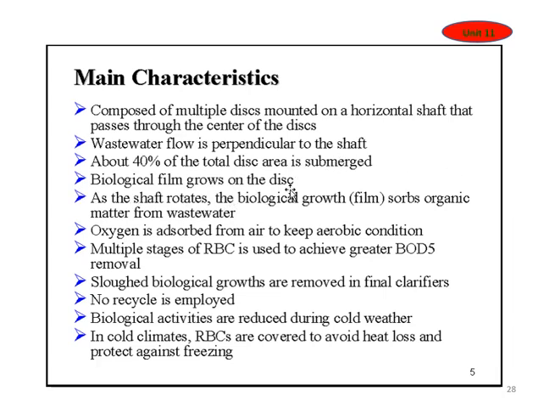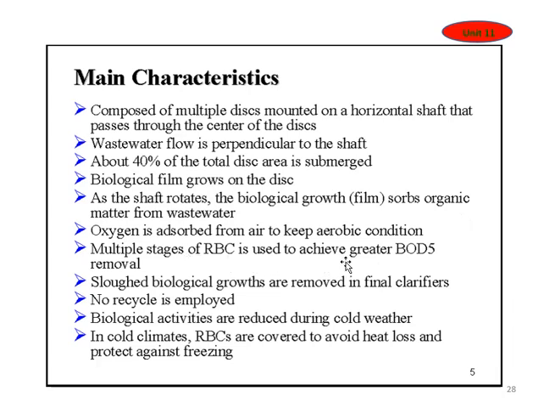Biological film grows on the disk, that is, bacteria will grow on the disk. As the shaft rotates, the biological film soaks up organic material from the wastewater. Oxygen is absorbed from the air to keep the aerobic condition, as I told you, when it goes to the open air it takes the oxygen.